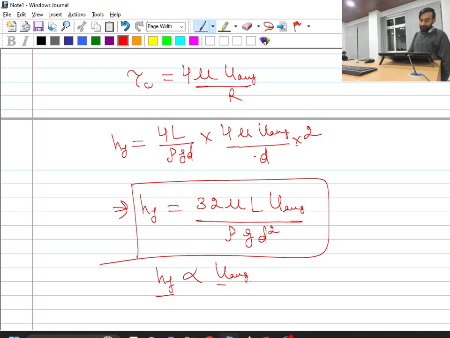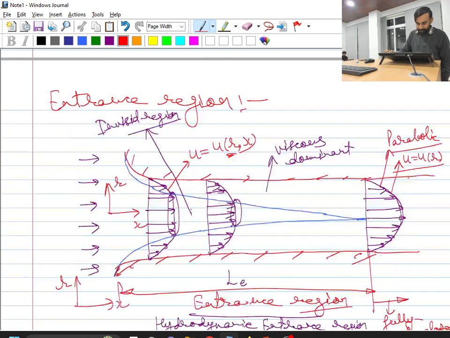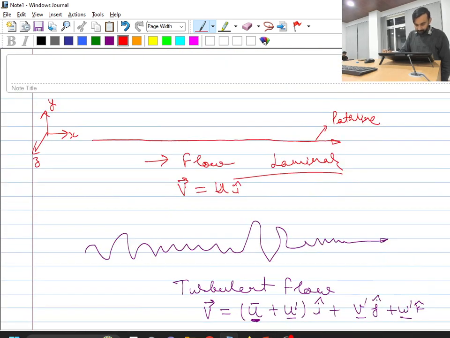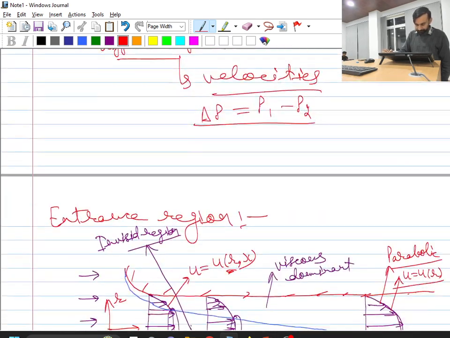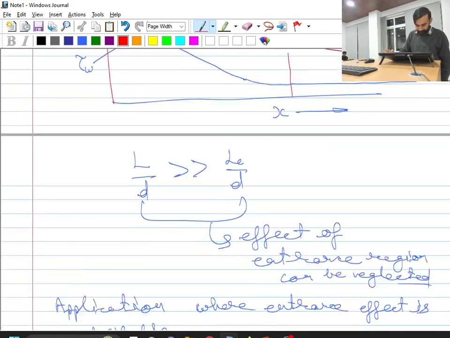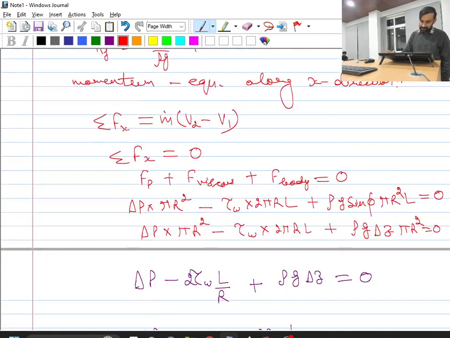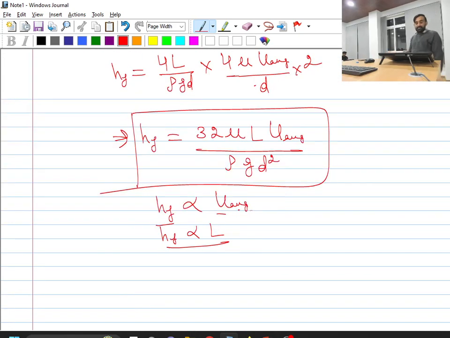Okay, so pressure drop for a laminar flow is directly proportional to U average, and at the same point of time, HF is also directly proportional to length of the pipe. Probably I forgot to include it in the previous relation. This was also experimentally concluded. Okay, that was on slide. Yeah, this. Okay, so HF is also directly proportional to L.